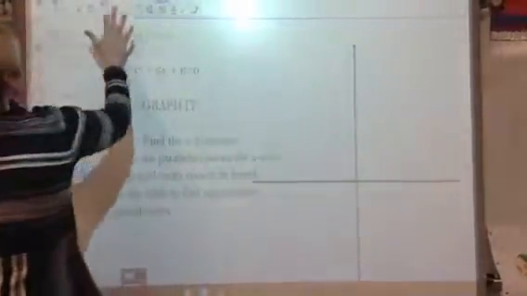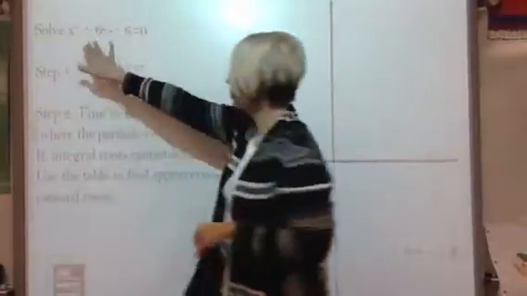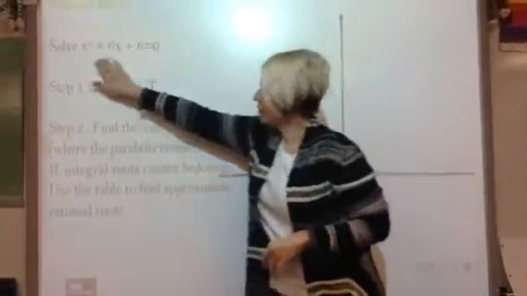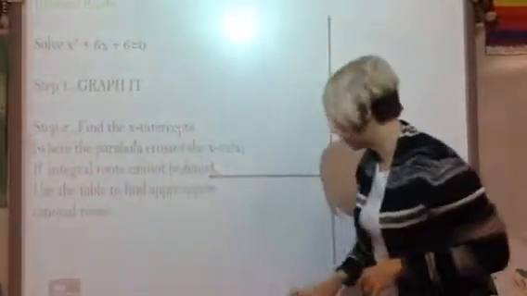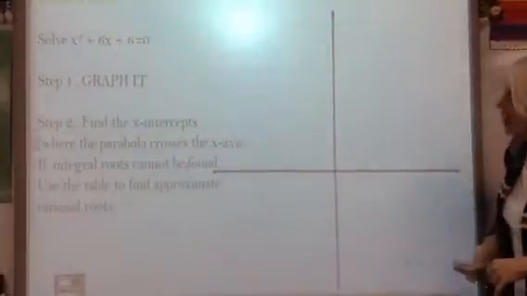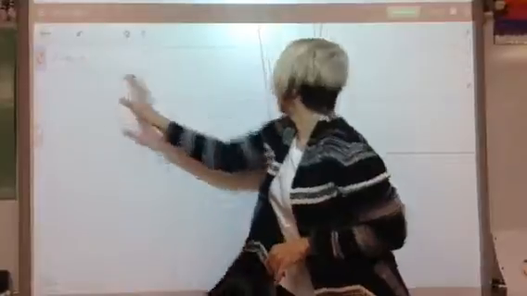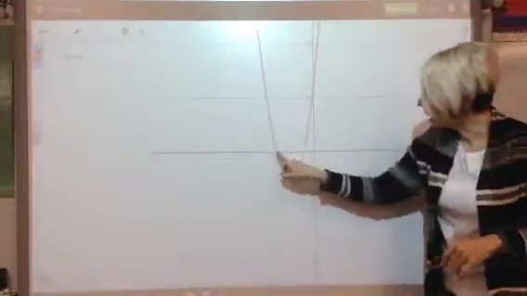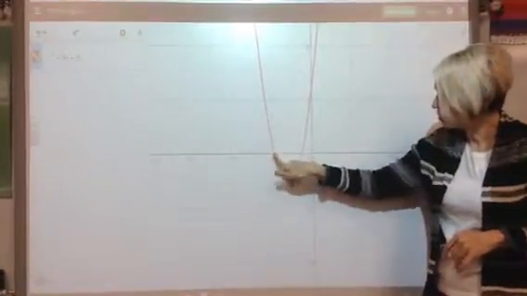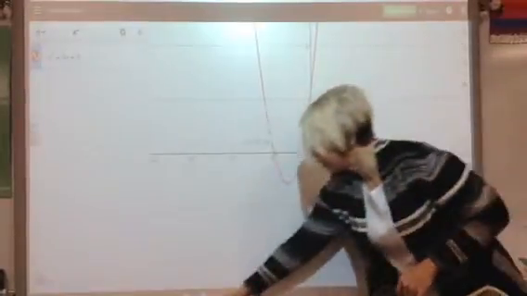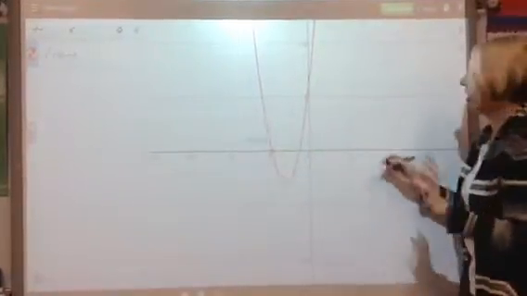All right, for example 4, this is what we call rational roots. It's set equal to 0, so we can go ahead and graph this. So I plug that into my Desmos, x squared plus 6x plus 6. And here it is. If you'll look here, I am crossing the x-axis in two spots. So I click to see where I am. Let's just go to the nearest 10th.